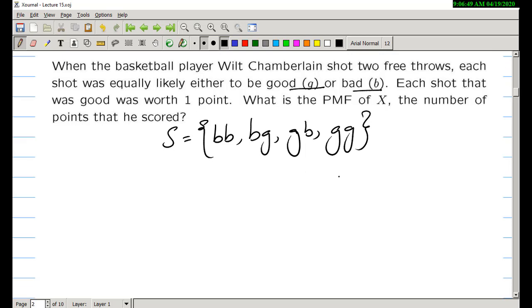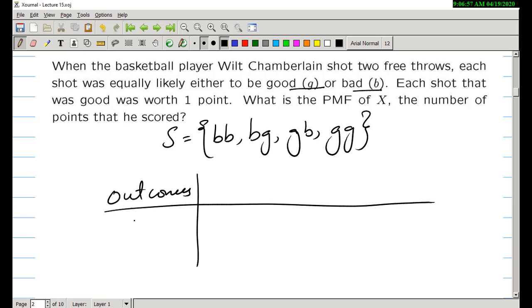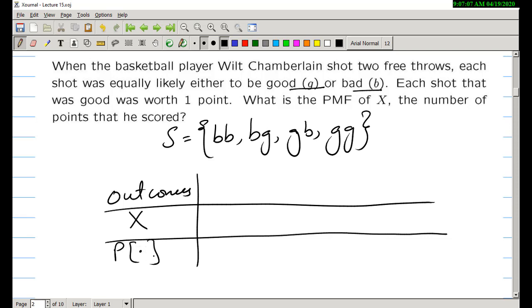So we will make the table of outcomes that we made in the previous class, and X is the random variable, to which we assign some number. For every good shot there is 1 point. So BB, both bad, is 0 points; BG, 1 good shot, 1 point; GB, 1 point; GG, 2 good shots, 2 points.